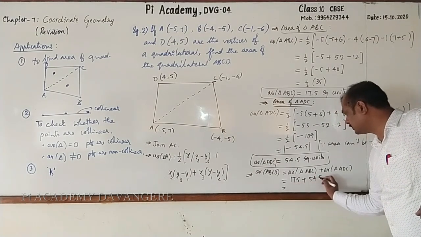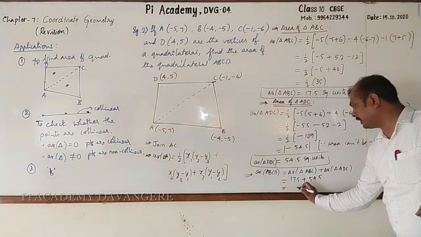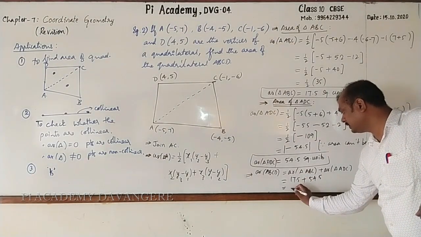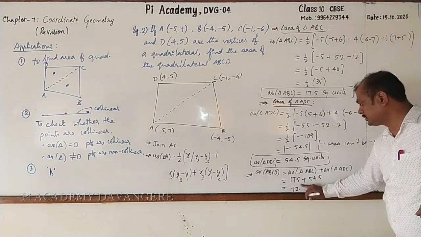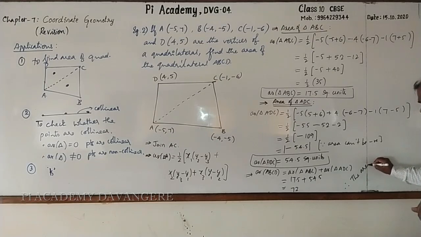It is equal to how much? 5 plus 5 is 10, carry 1, 7 plus 1 plus 4 is 12, carry 1, so it is 72 square units. Therefore, the area of the quadrilateral is 72 square units. Please copy.